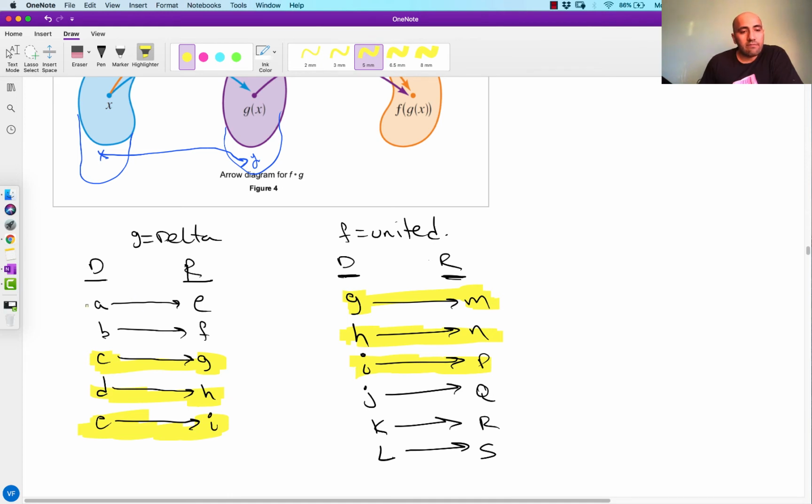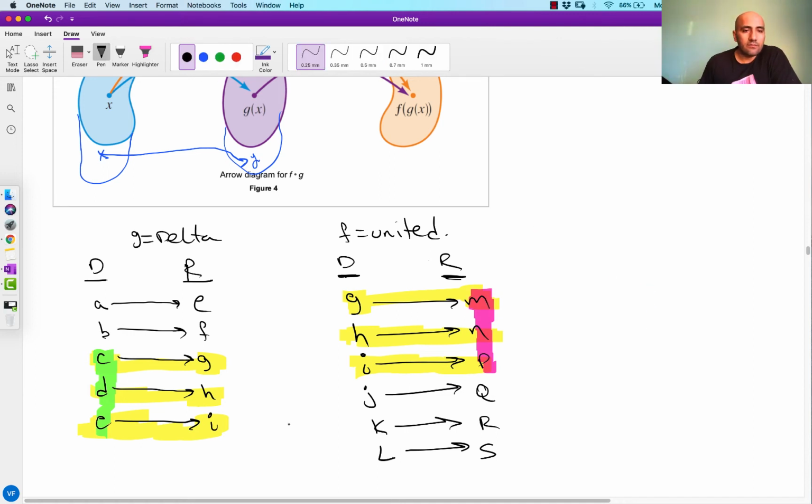So these values, A and B, in the domain of G, lead to outputs that are not in the domain of F. Therefore, we exclude them from the domain of the composition. The composition of the two is only going to have these. This is going to become the domain of the composition function, C, D, E. And then this becomes the range of the composition function.